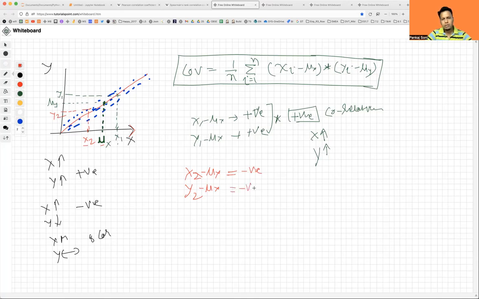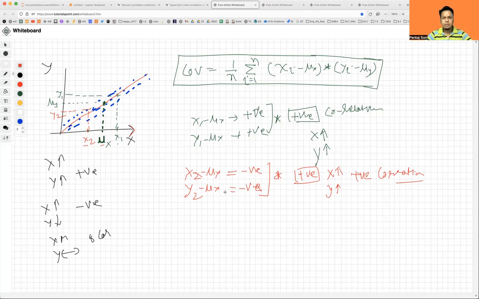If you take the product of these two, it is going to be positive. So this also shows positive correlation. That's how, when you feed values into this formula, it returns positive or negative values.